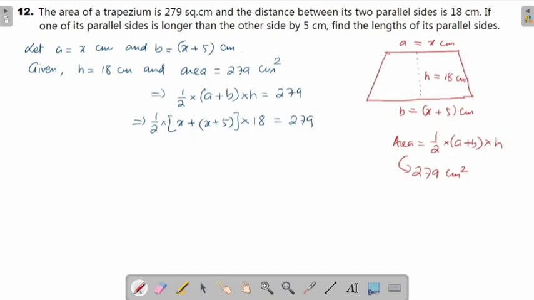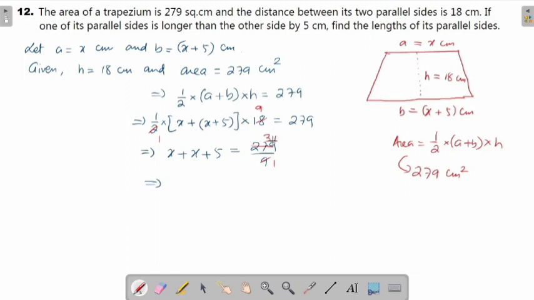Now look at this carefully. Here 2 and 18 get cancelled, so you have 9 here. Now open the bracket and bring this 9 over here first, so it becomes 279 by 9 equals x plus x plus 5. Again we will do the cancellation. 9 ones are 9, 9 threes are 27, 9 ones are 9.